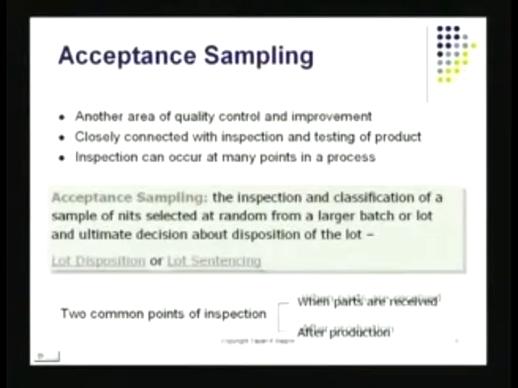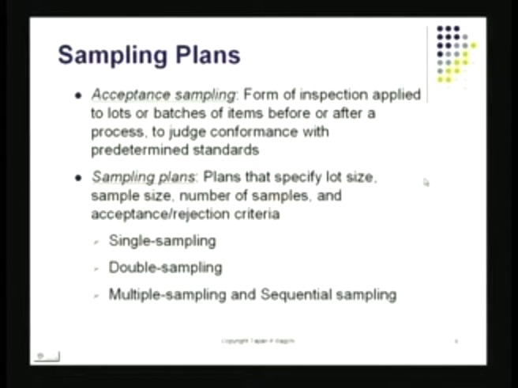And after you've done your production, then perhaps when you're making your shipments, at that point you could do your inspection to make sure that the parts that you supply to your customer are of acceptable quality. So in fact, there are two places you could do acceptance sampling. One is when the parts are received, and the second is after production, to make sure what you ship out is within the acceptable quality level.